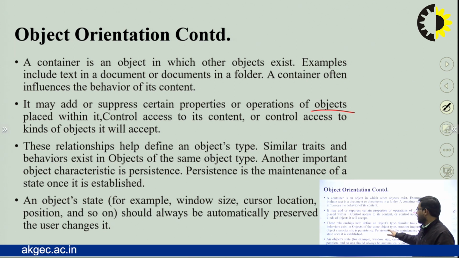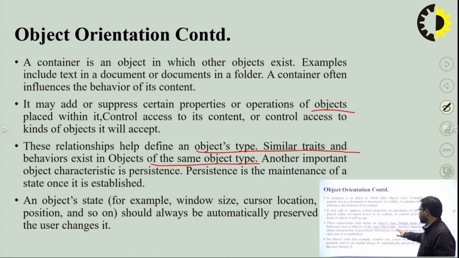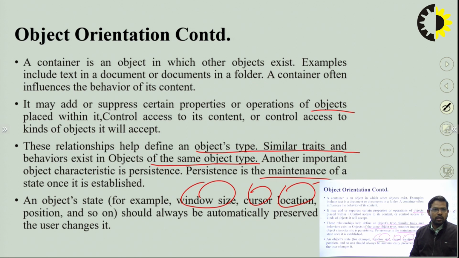So these relationships help define an object type. Similar traits and behavior exist in objects of the same object type. Another important object characteristic is persistence, and persistence is the maintenance of a state once it is established. Object state means, for example, window size, cursor location, scroll position, and so on. That is called the object state. So it is automatically preserved when the user changes it.